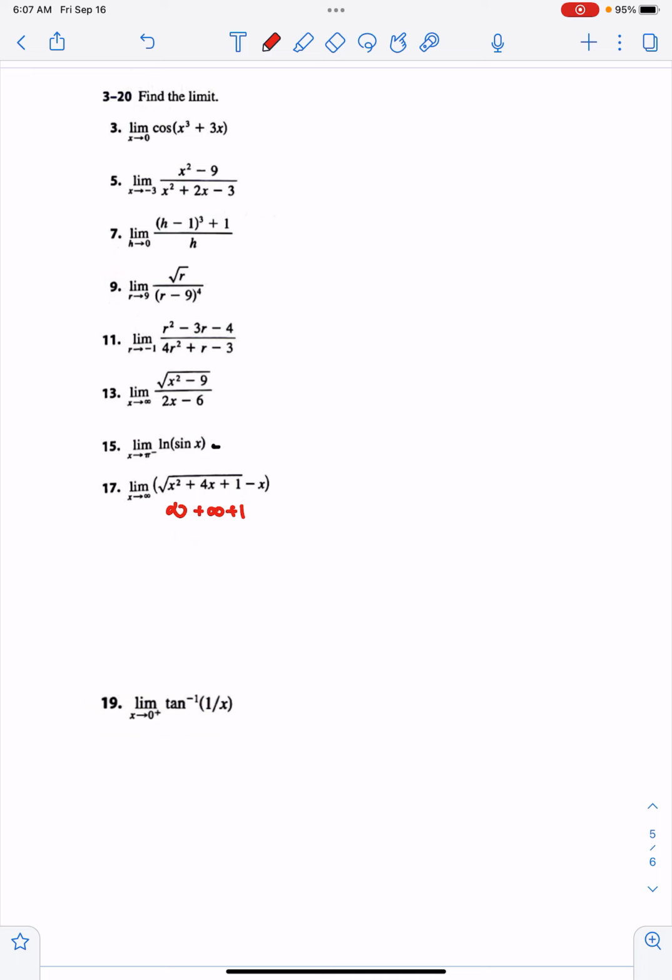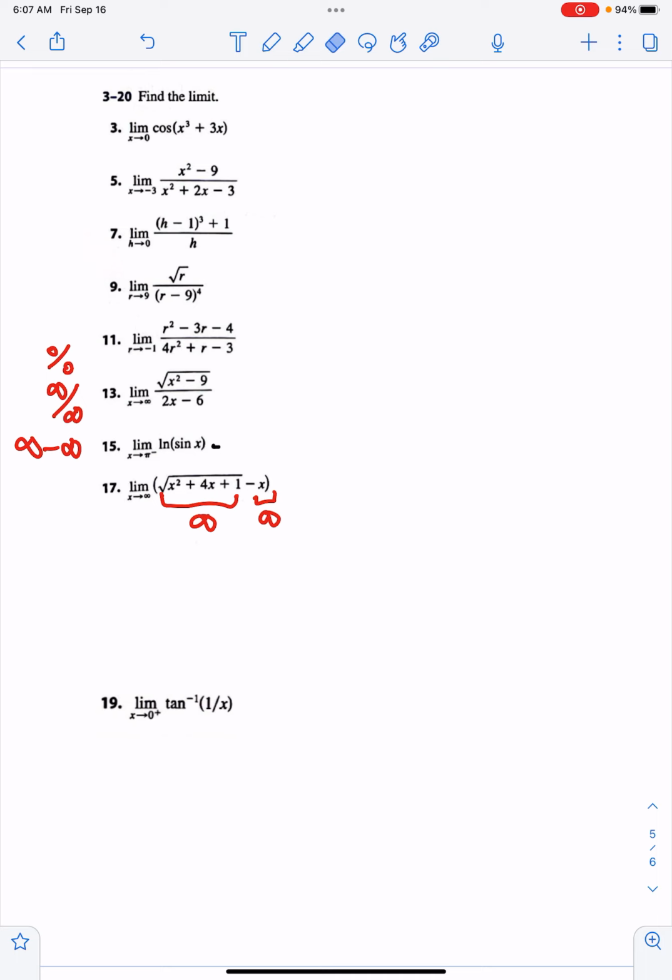Square root of that is a huge number, minus a huge number. So huge minus huge is another indeterminate, like 0 over 0 or infinity over infinity, because you don't know which infinity is larger when you're subtracting. So that's why it's indeterminate. You cannot really determine what that is.